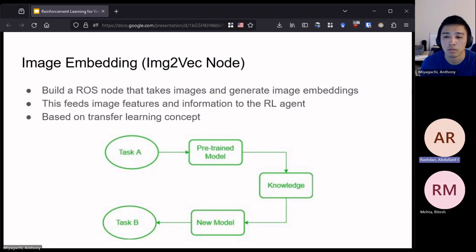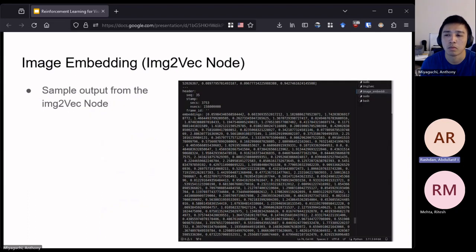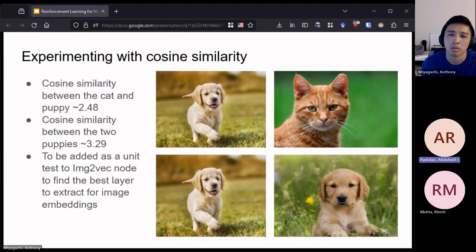The image to vec node depends on transfer learning, in which we take the learned knowledge from a pre-trained model, such as the ResNet 18 that we're using, and use that to help with the new learning task, in our case the agent. After implementing that, I was able to take the image as input and broadcast the embeddings of the image received.